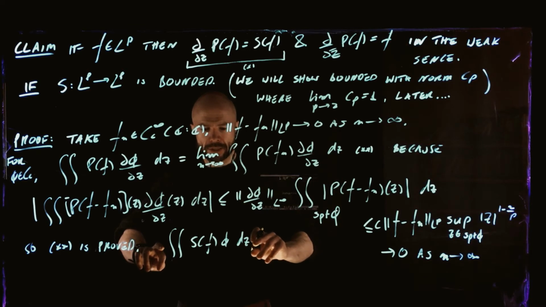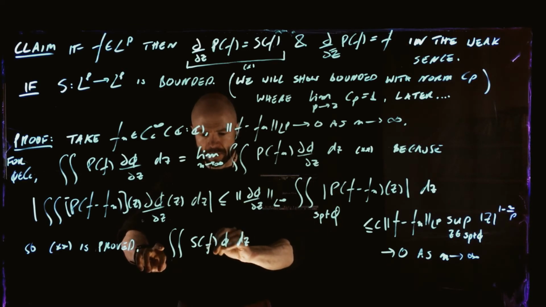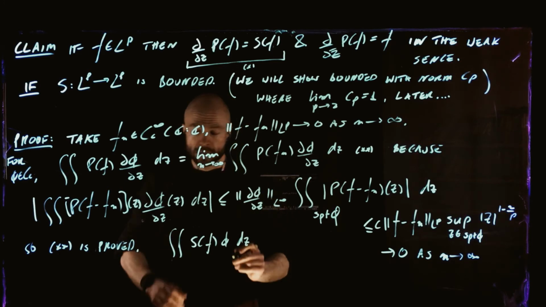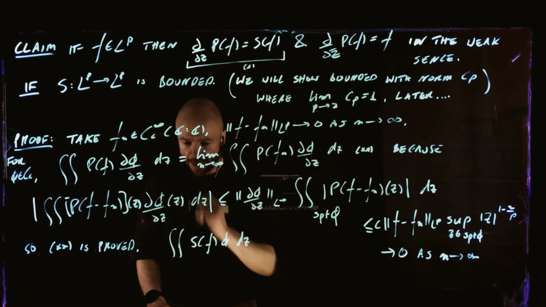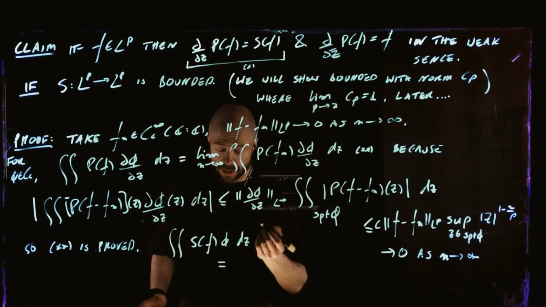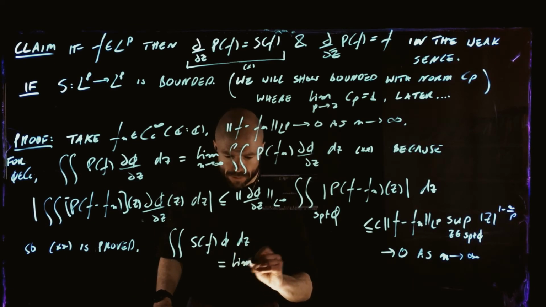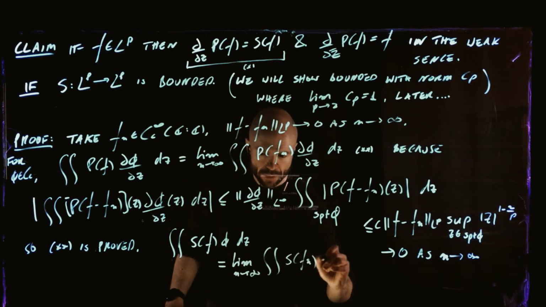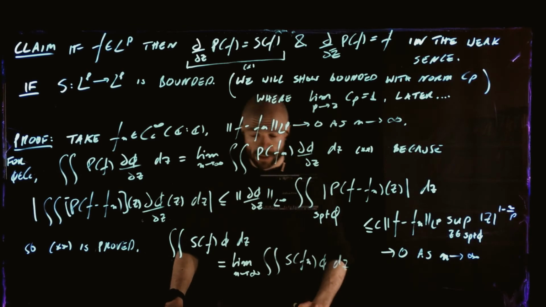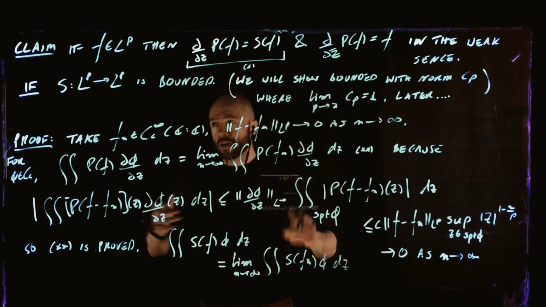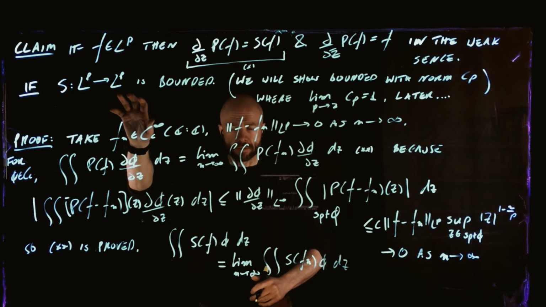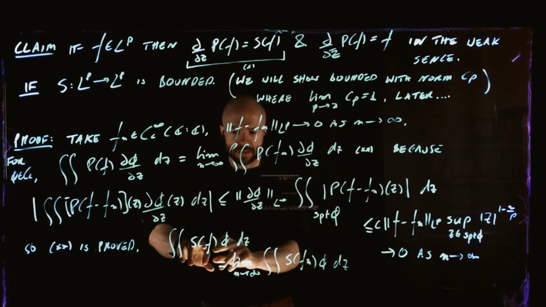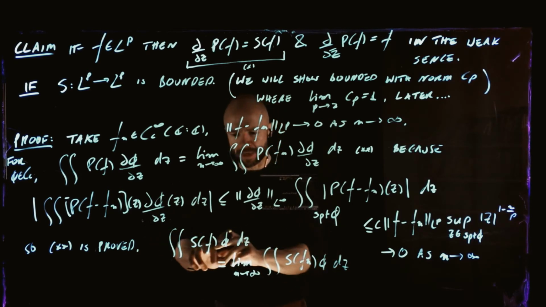And we want to understand this expression in terms of the approximating sequence Fn. And we claim that this is also the case, that this is the limit as n goes to infinity of the double integral of f of fn times phi dz. And this is also easy to see because our assumption is that this is a bounded operator with respect to LP, right? And this is f in LP, and this is fn approximating f in LP.